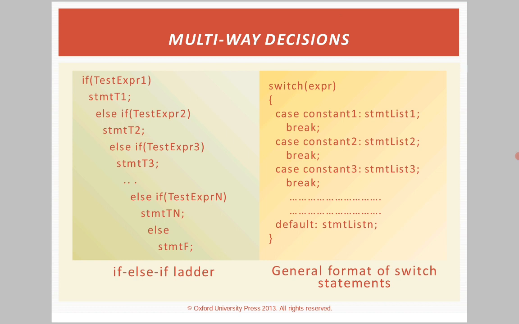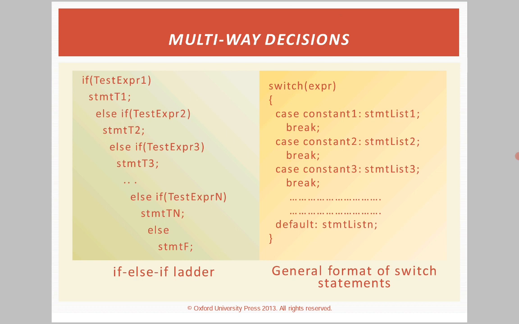For example, if a equals 1, do something; if a equals 2, do something; if a equals 3, do something, like that. The switch statement is also called a multiple if or multi-valued if statement.